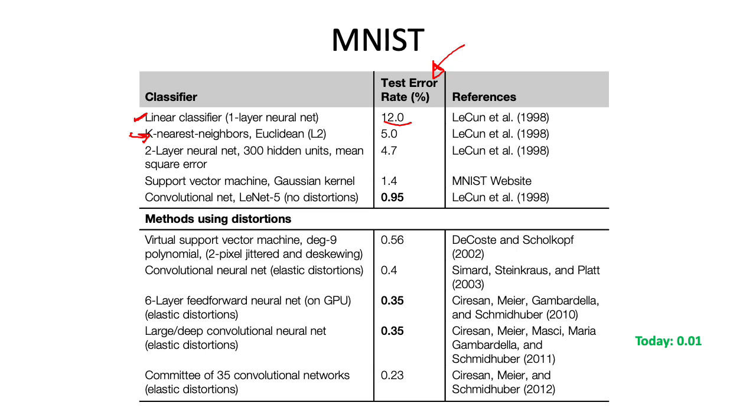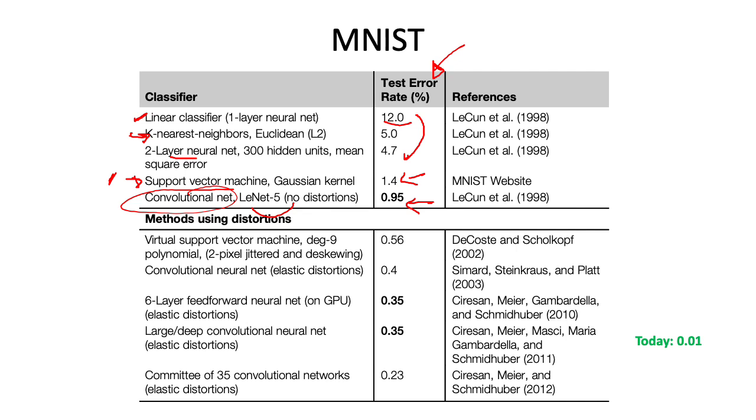You can see that the error dropped from 12 to 4% when we started using just a two-layer neural network. And then from there, support vector machine achieved an error of 1.4%. We will talk about SVMs again next week. And then from there, convolutional neural networks, namely LeNet-5, were able to achieve a 0.95% error.